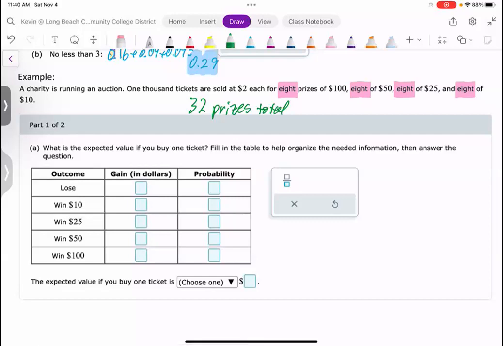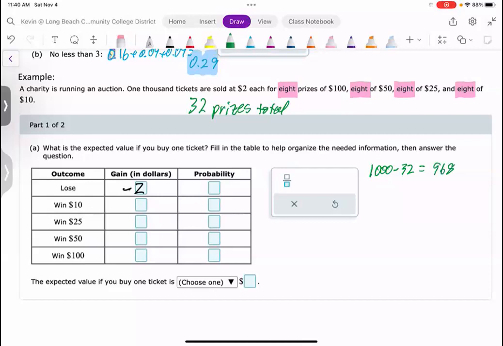And we're going to start here. So if we lose, then I'm out $2. What's the probability of me losing? Well, I'm going to go over here real quick, and I'm going to do 1,000 minus the 32 to get 968.